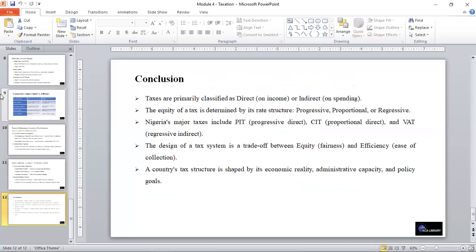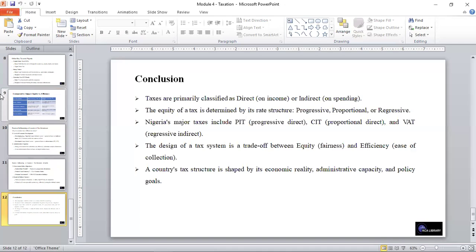In conclusion, taxes are primarily classified as direct on income and indirect on spending, and the equity of a tax is determined by the rate structure, which is progressive, proportional, and regressive. And the major Nigerian taxes include the PIT, which is progressive, the CIT, which is proportional, and VAT, which is regressive and indirect.